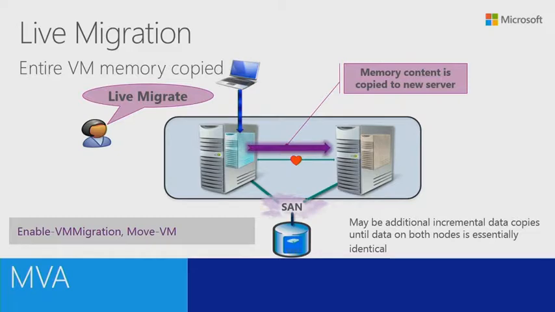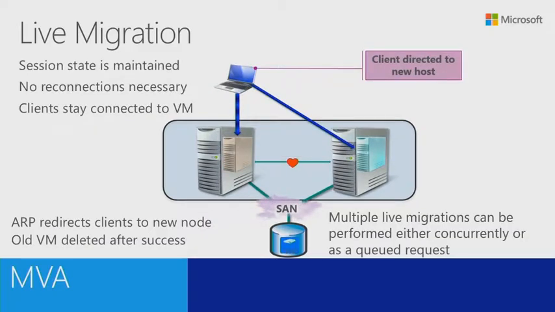So the way this works is when you start to live migrate a VM, let's assume a virtual machine has 4 gigs of memory assigned to it. Of that 4 gigabytes of memory, it's very likely that only a very small portion is actually active, maybe 50 or 100 megabytes. So we create a new virtual machine on the target.